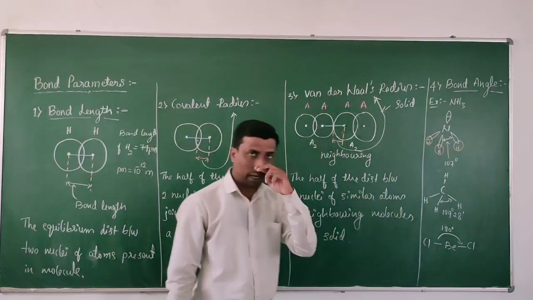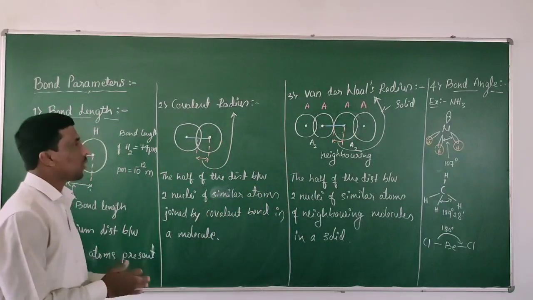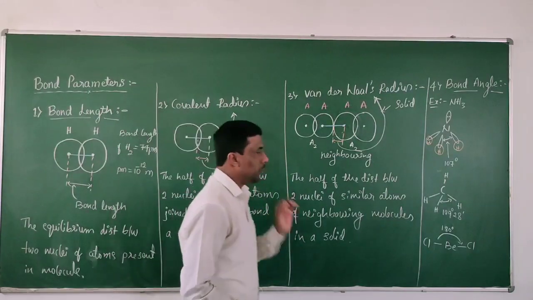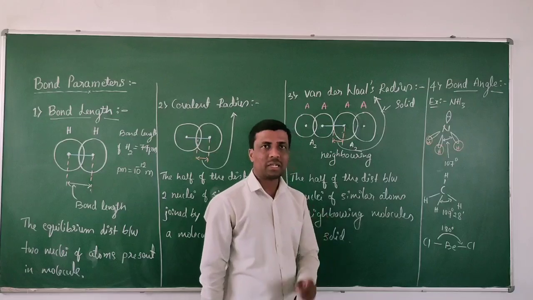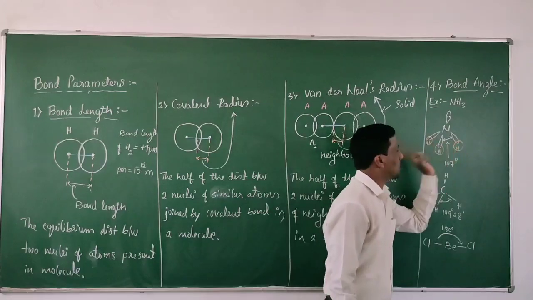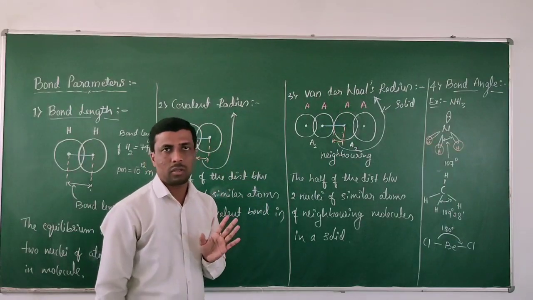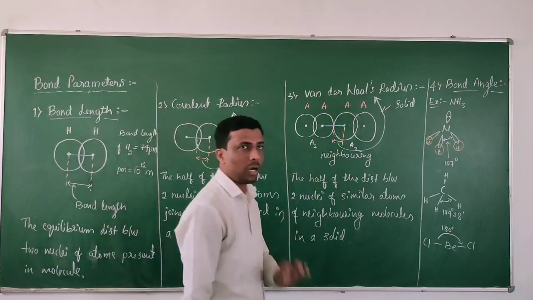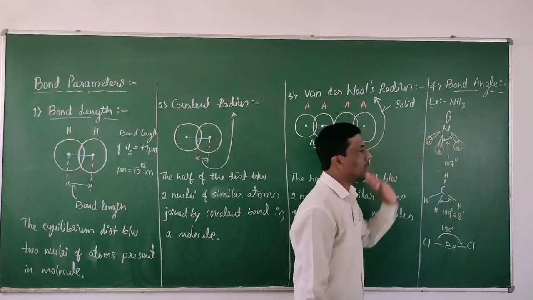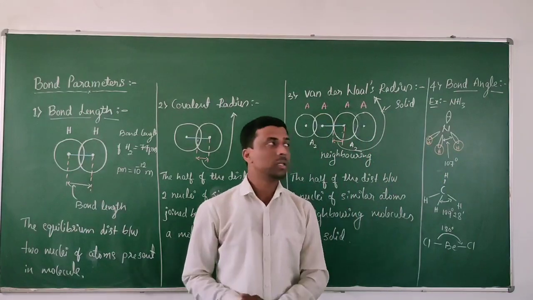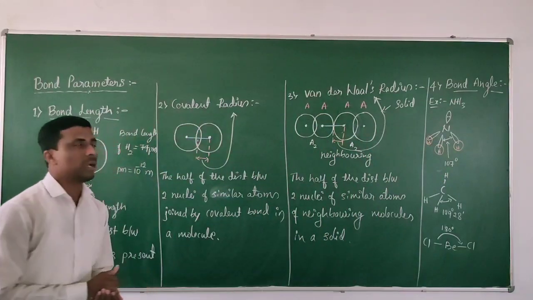I will repeat once again. What is bond angle? The angle between the orbitals containing bonding electron pairs around the central atom in a molecule. This is what? Bond angle. Okay.